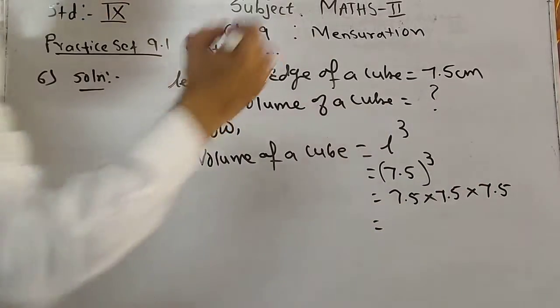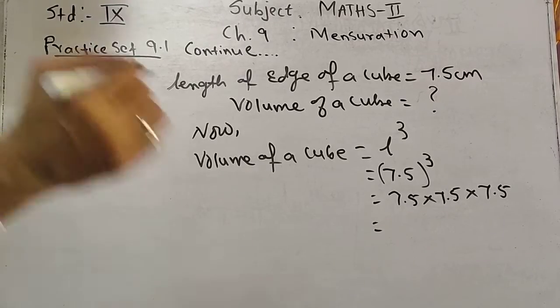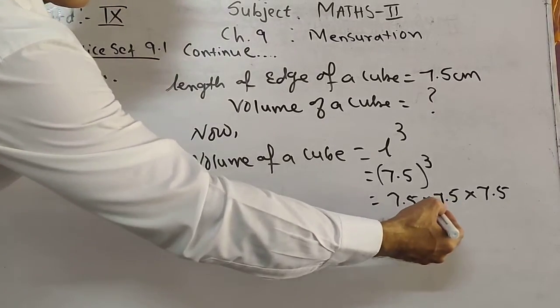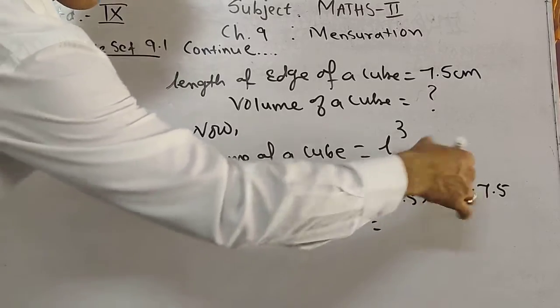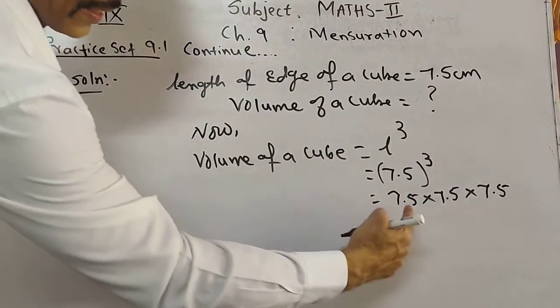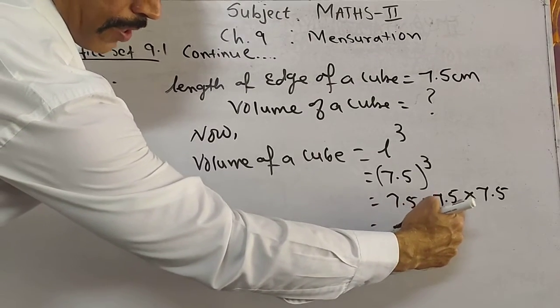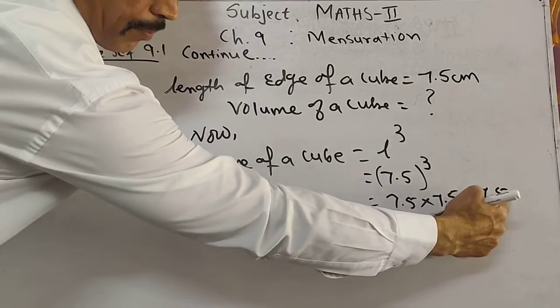First of all, you can multiply 75 into 75. Whatever answer you get, multiply with 75, and then leave 3 numbers from the back side, because here you can see after the decimal point 1 digit, here also 1 digit, here also 1 digit.